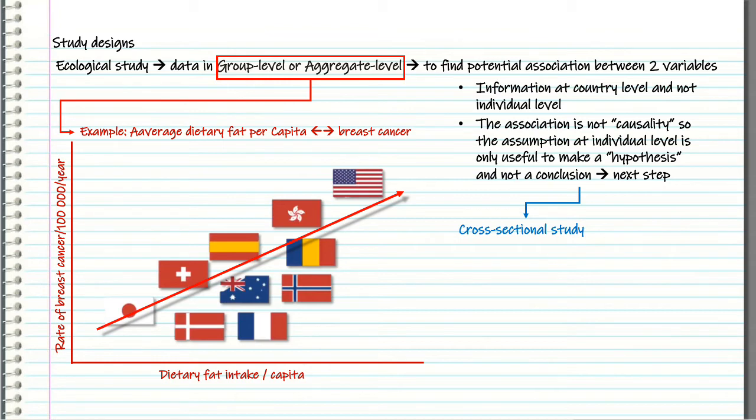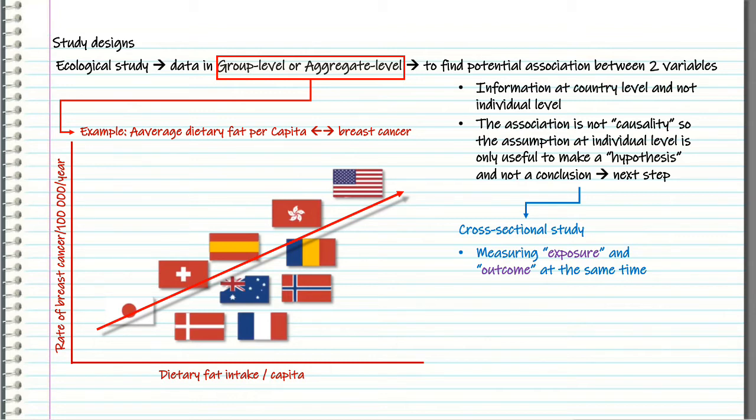The first step is also to do a cross-sectional study. It means gathering the data. We measure both the dietary fat intake as the exposure, based on the hypothesis, and the rate of breast cancer as the outcome at the same time. So what we have here is measuring exposure and outcome at the same time.